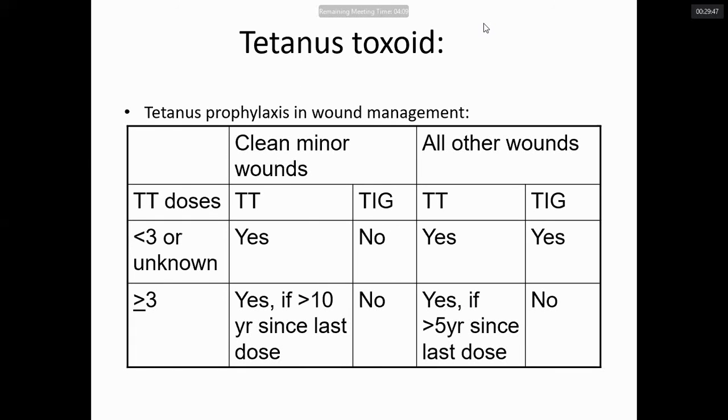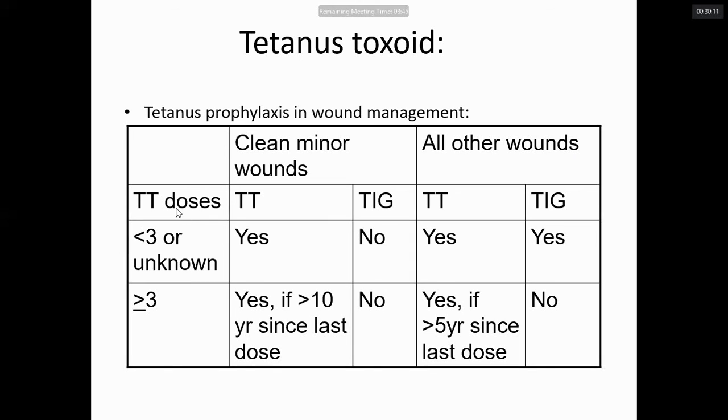So, whom do we give tetanus toxoid? If any patient or any child comes with a clean minor wound to the emergency, then we should take history of whether a previous vaccine was given. According to the national immunization schedule, we give at 6, 10, and 14 weeks.